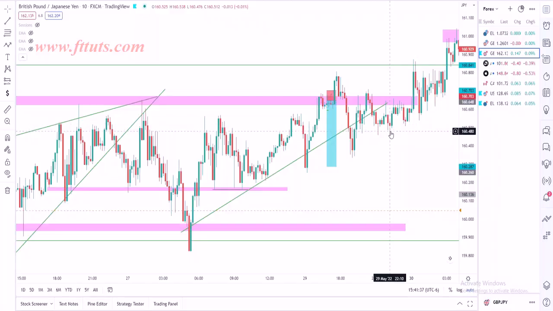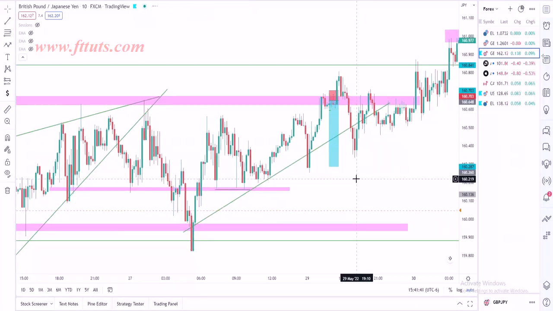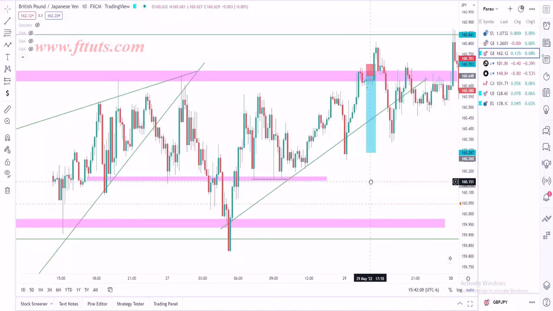Here's an area, but it really just doesn't have that nice dramatic looking, contrasting move away. That's what I'm looking for. This one does, but also price pulled away and then came right back and mitigated it. So I'm not keen on it. Whether it worked out or not, it doesn't matter. Got to look for the same things over and over and over again.